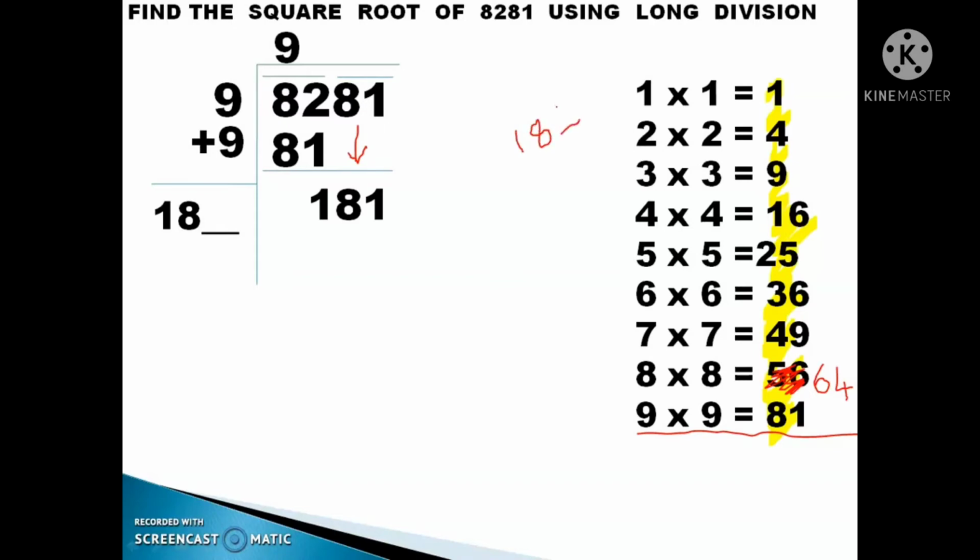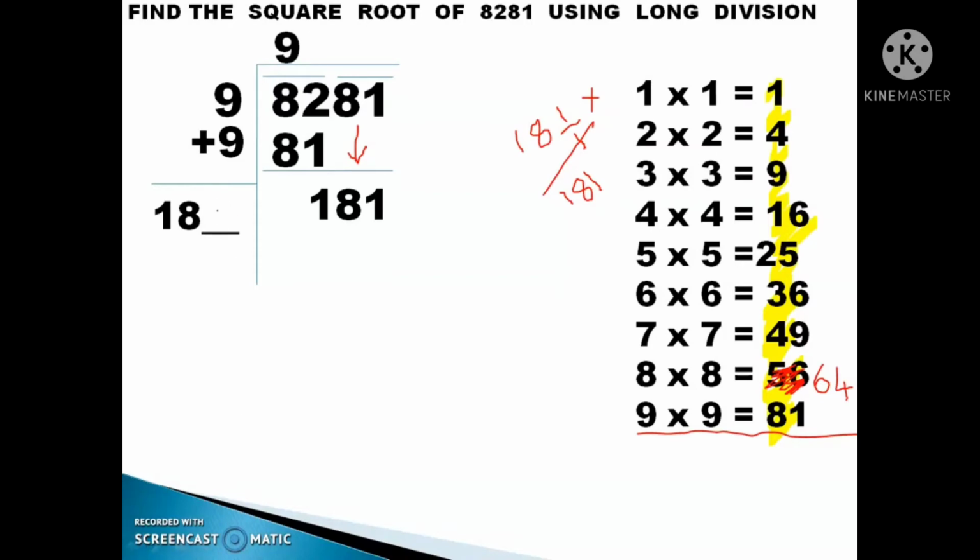Now, you will put 1 here, and whichever number you have written there, you will put the number here also. 181 into 1. What is that? It is 181. The same number you will write here. Okay? I put 1 here, the same number at the top, and 181 into 1. What is that? 181.